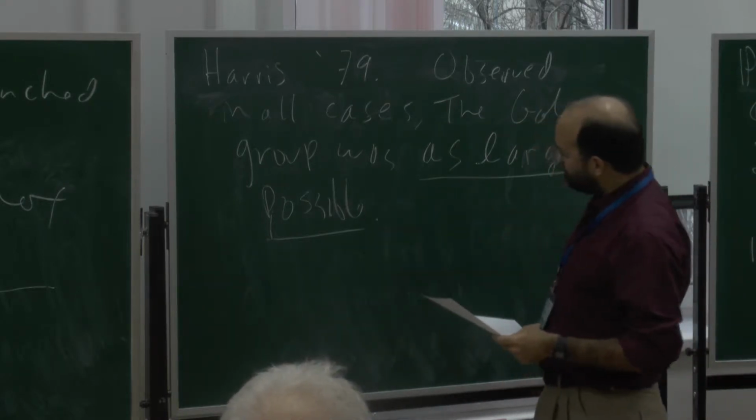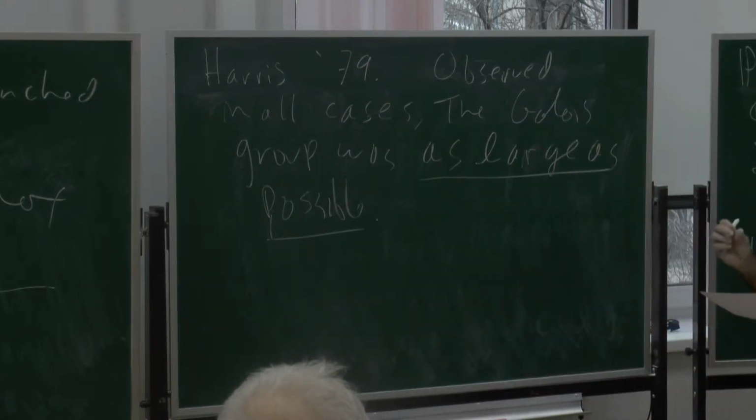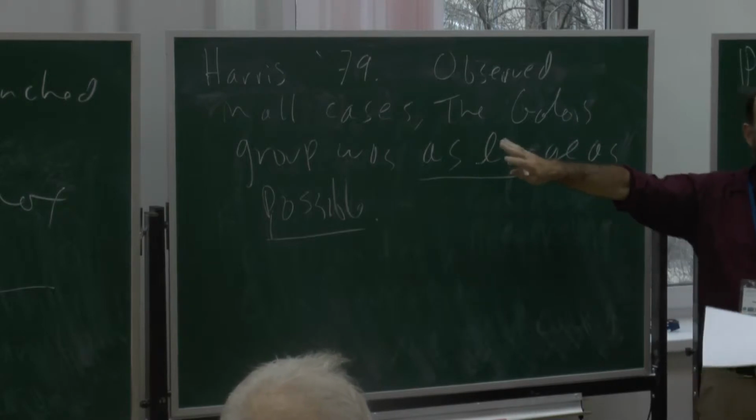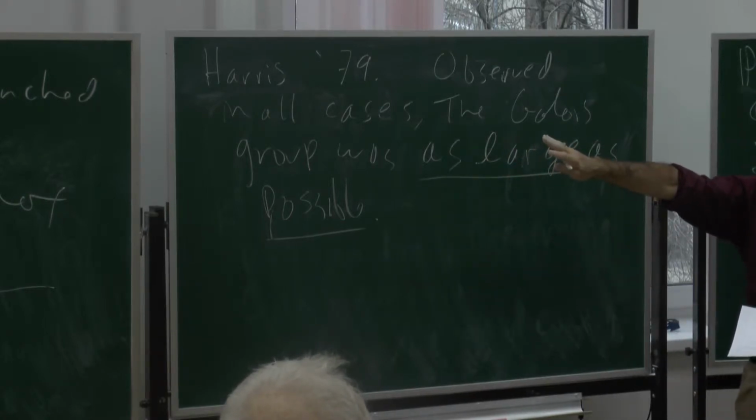He didn't say this explicitly, but Fulton told me that this is Harris's observation, or Harris's hypothesis. I think it's implicit in his paper. And the point is, the group is deficient if and only if there's some geometric structure which completely explains that deficiency.